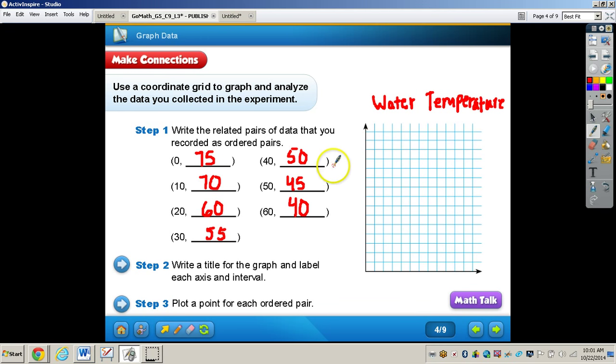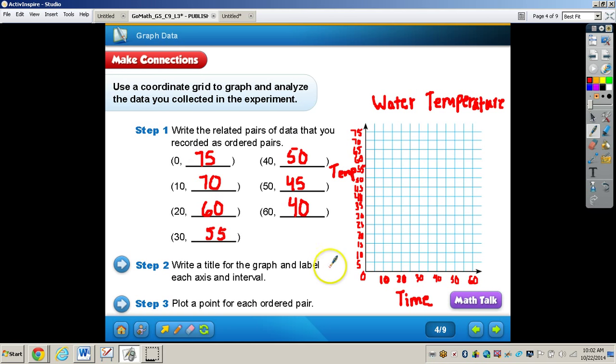We'll call this temperature. The x-axis, we'll call this time. Now I also put the intervals for both the y-axis and the x-axis. You can see I did intervals of 10 for the x-axis and intervals of 5 for the y-axis. Now what we will do, we will plot our points.